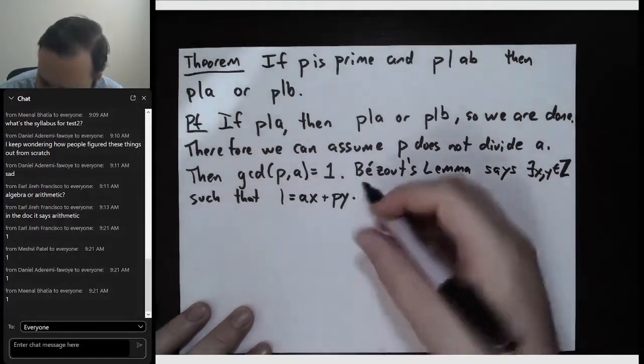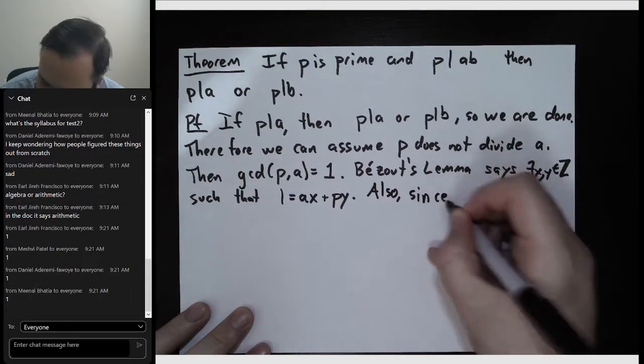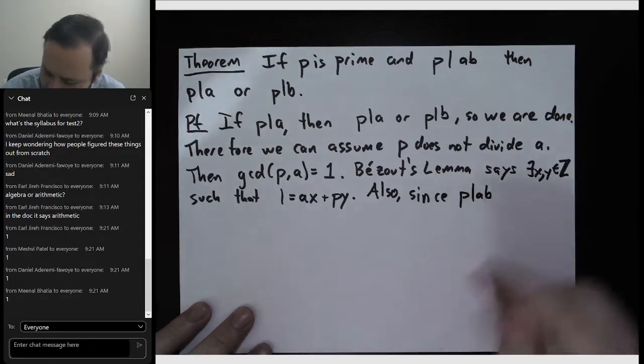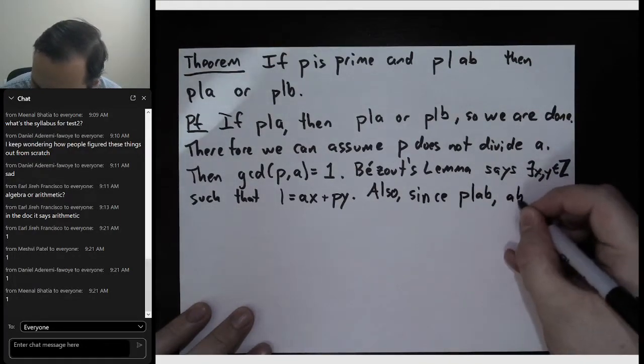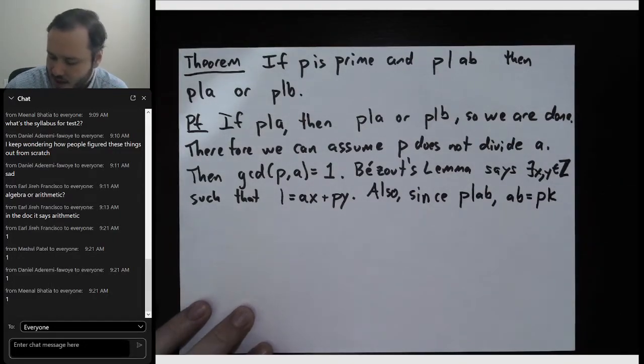And also, since P divides A times B, I know that A times B is equal to P times K for some K.